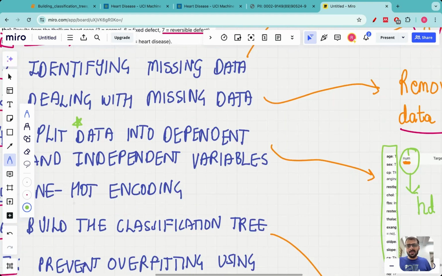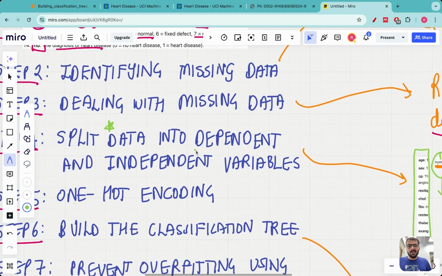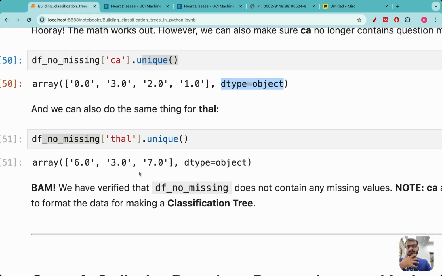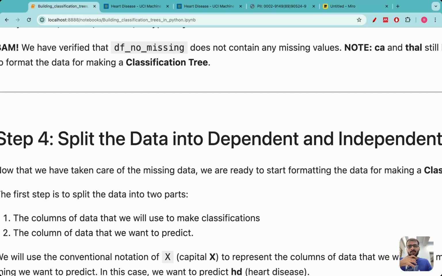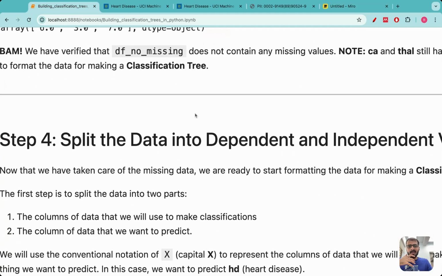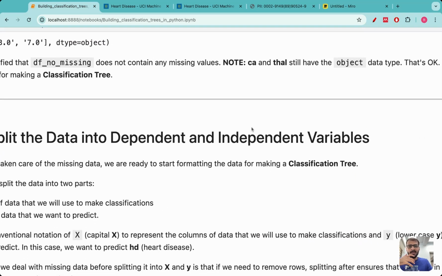So now we need to split this data set which we have into dependent and independent variables, because when we model the decision tree, we need to tell what's the x data, what's the y data, right? So let's go to the next step, which is split the data into dependent and independent variables.